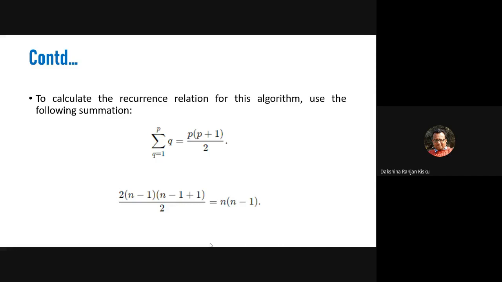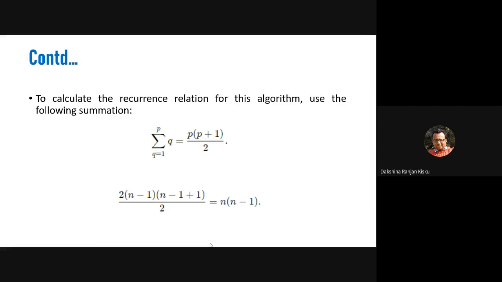This will be multiplied by 2 because the total is obtained after multiplying the summation by 2. So when we multiply the whole summation by 2, we obtain n into n minus 1, therefore n square minus n.